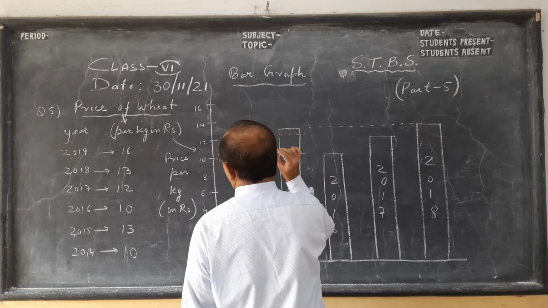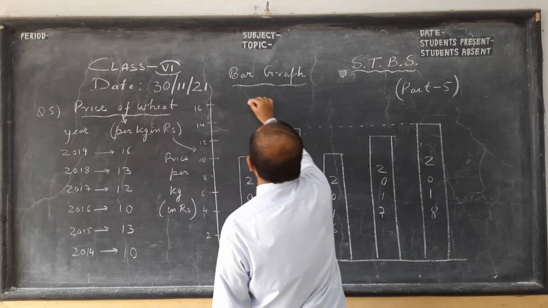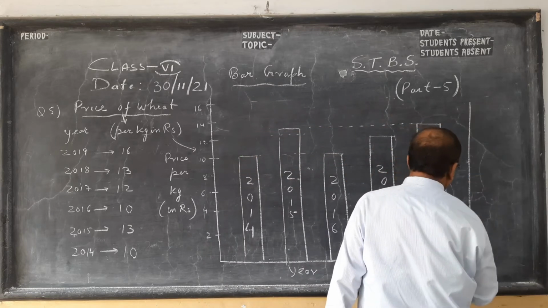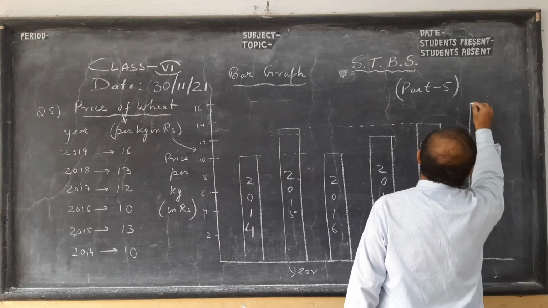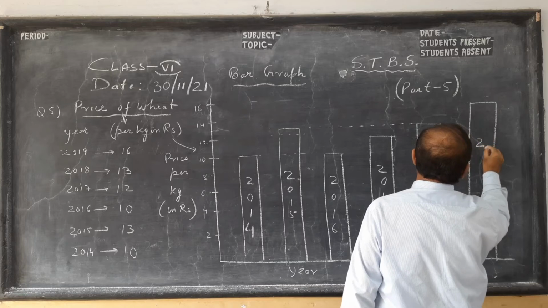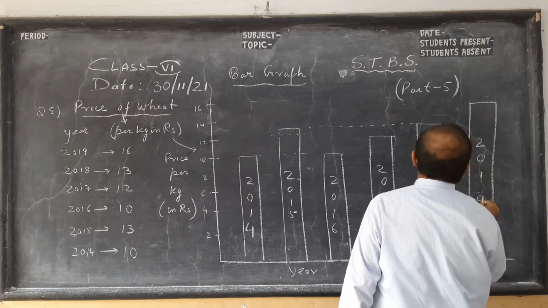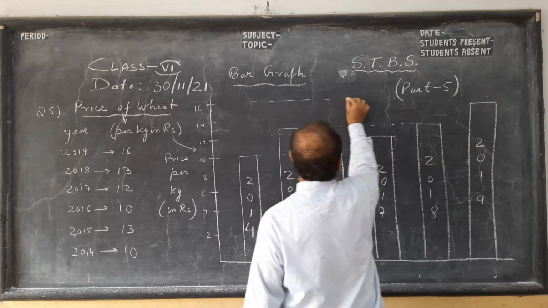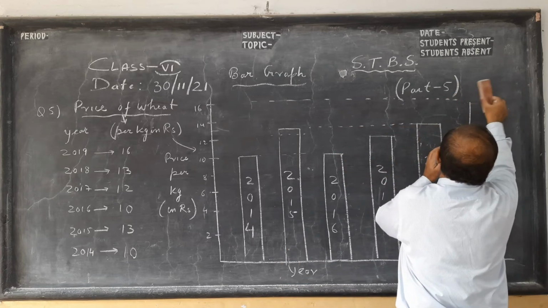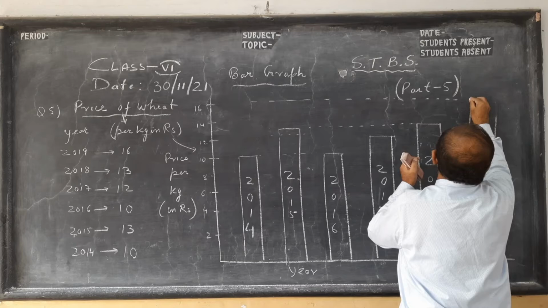And last but not the least, 2019 is 16. So 16 was quite high. So here we draw 16, which is 2019. See, there should be around this height, maybe a little bit more. We have to see.